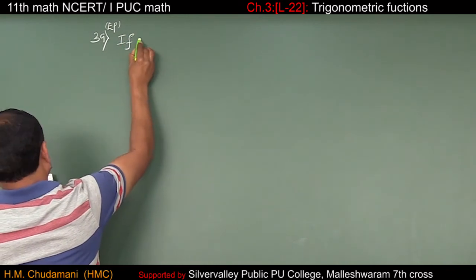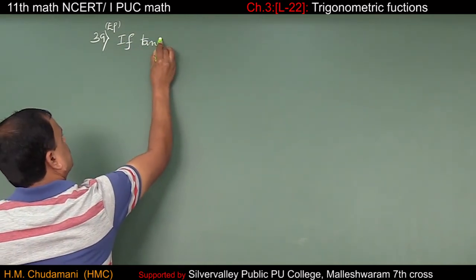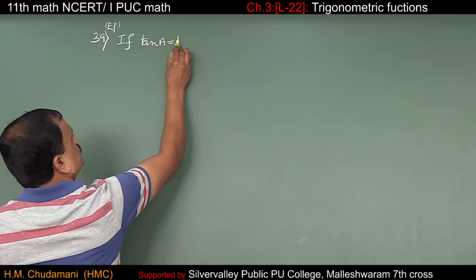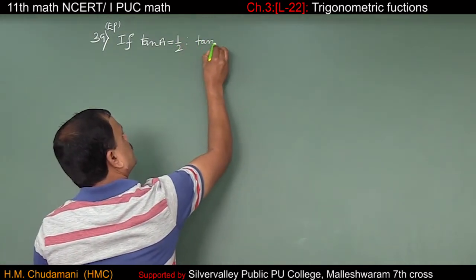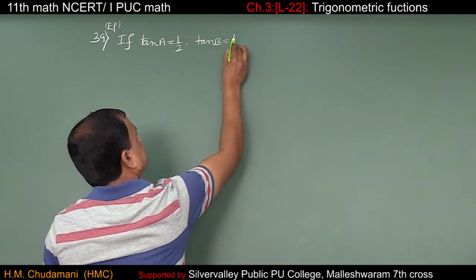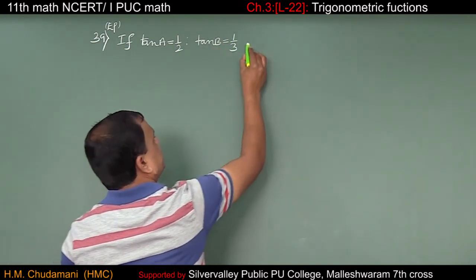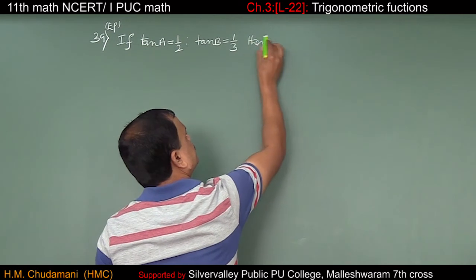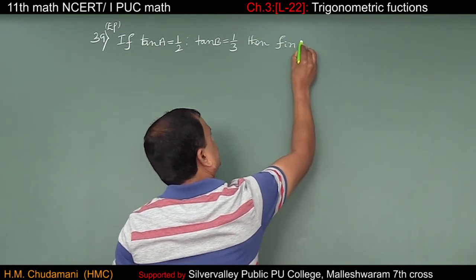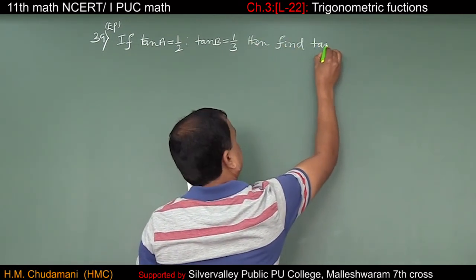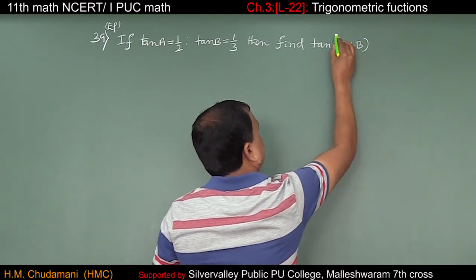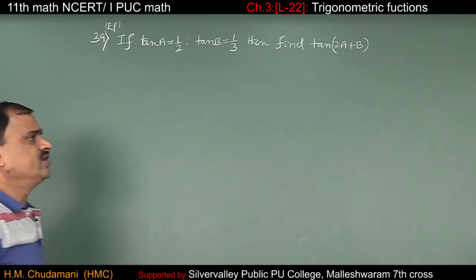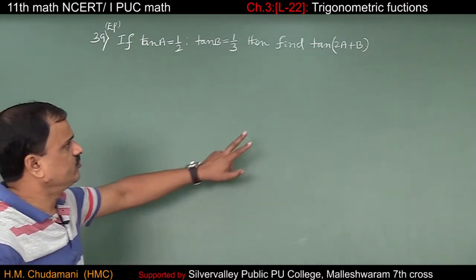If tan A is equal to 1 by 2, tan B is equal to 1 by 3, then find the value of tan 2A plus B. This can be worked out by two methods.